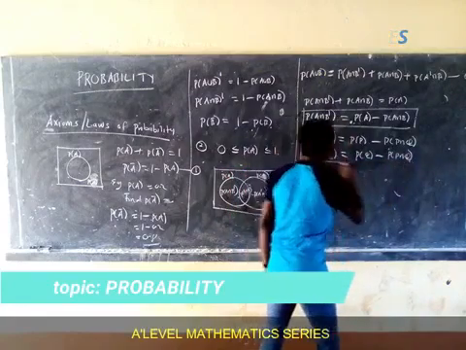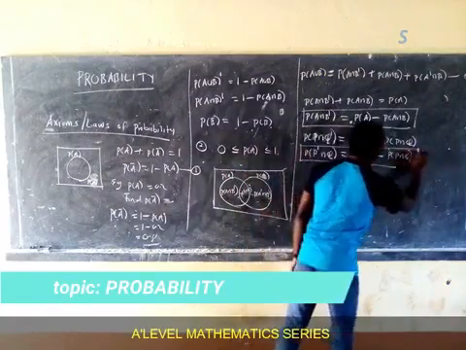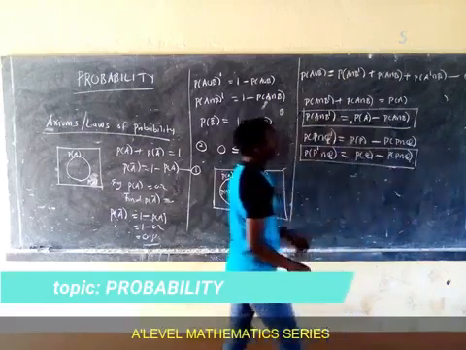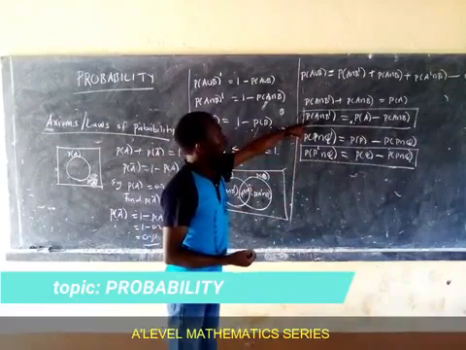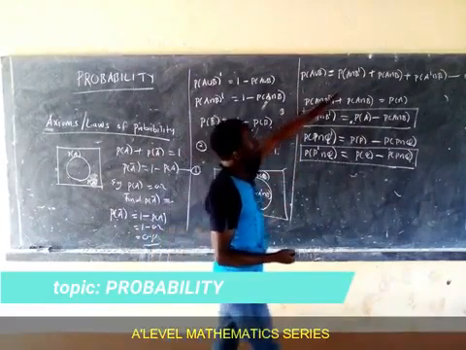These are very important rules you must know under probability. They will be used often over and over again. However, my concern is only for this one. Now this one is the same as this.